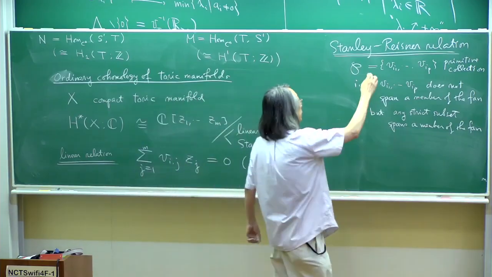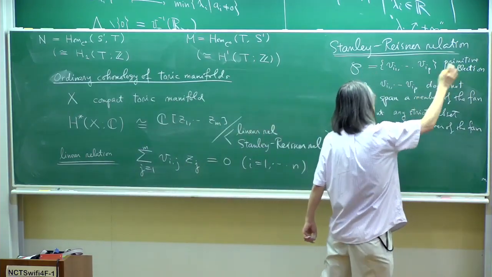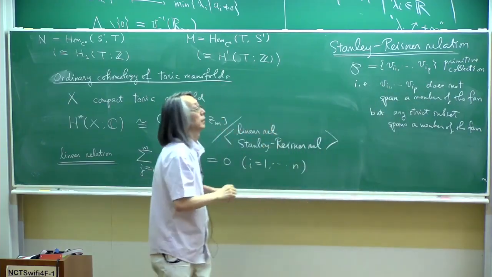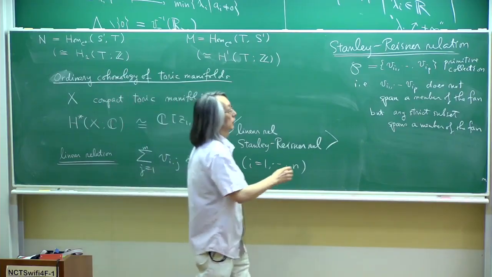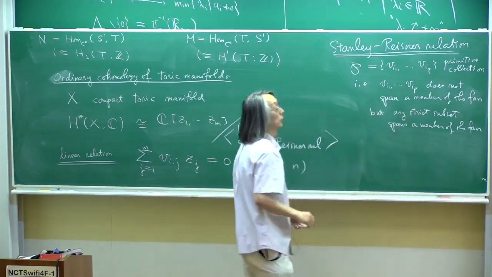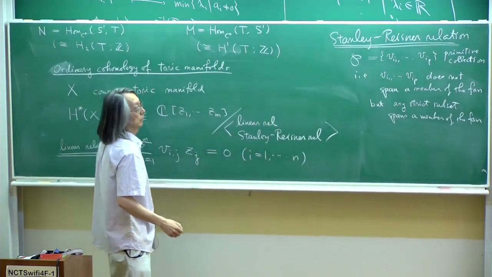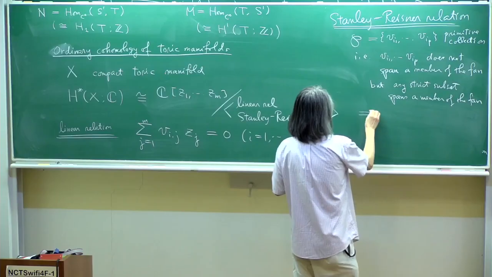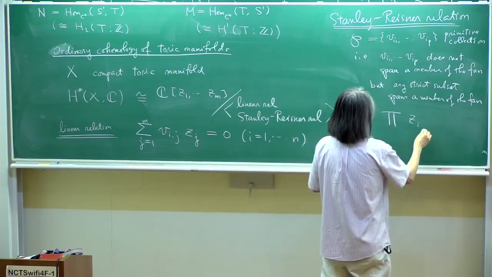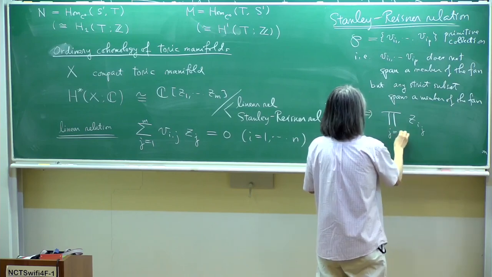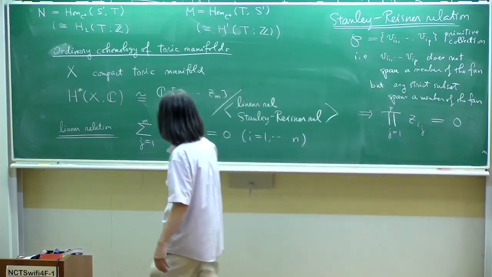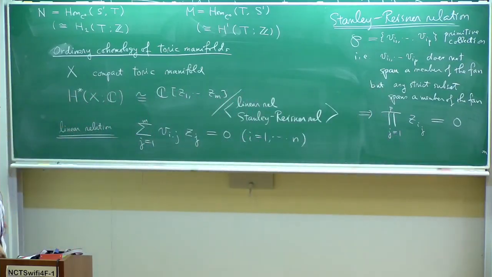Such a collection is called a primitive collection if the whole thing doesn't span a member of the fan, but any strict subset does. Okay? And then this is a Stanley-Reisner relation.